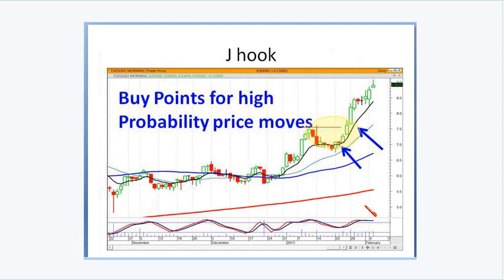So Christopher, I hope that answered it. We don't stay in this hoping for a J hook. We're out of the trade and we're back in it when we identify the J hook is happening. A J hook pattern is a wave 1, wave 2, wave 3, whereas a flag is just kind of a sideways move. Could be a wedge.